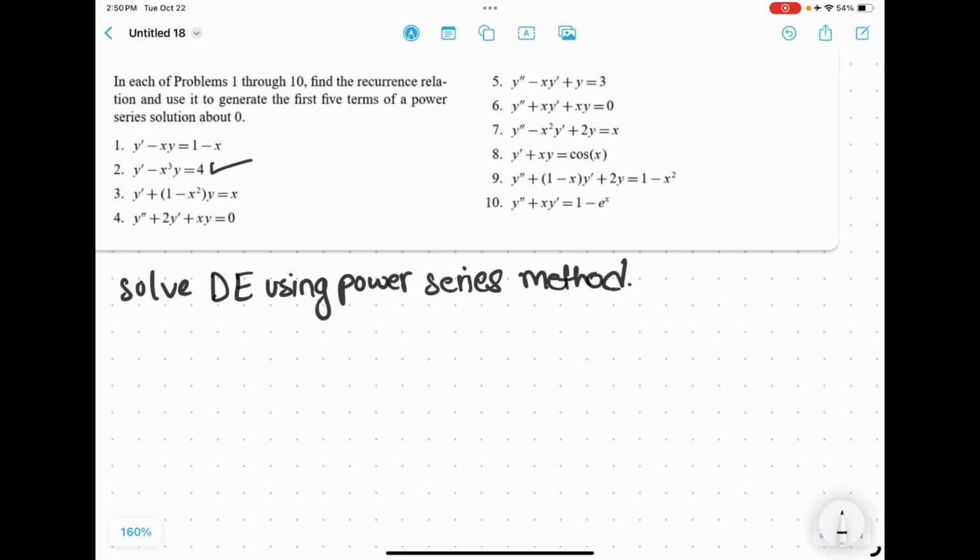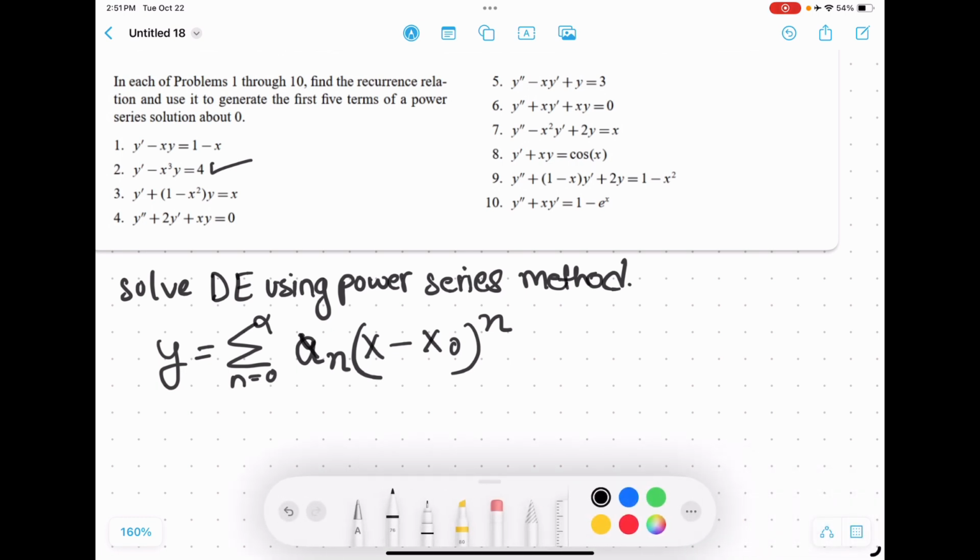Whatever differential equation we have in all these exercises, our solution would be in a form like this: the summation from n equal to 0 to infinity of a sub n times (x minus x sub 0) to the power n.